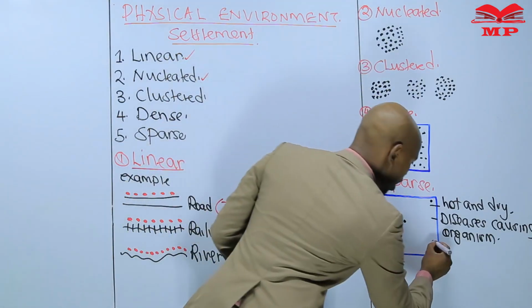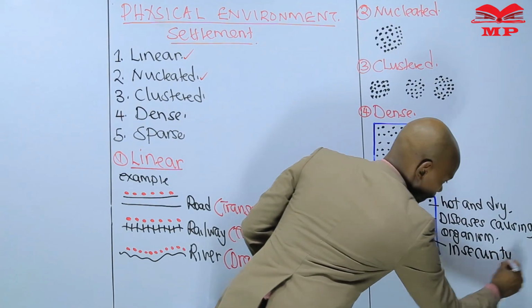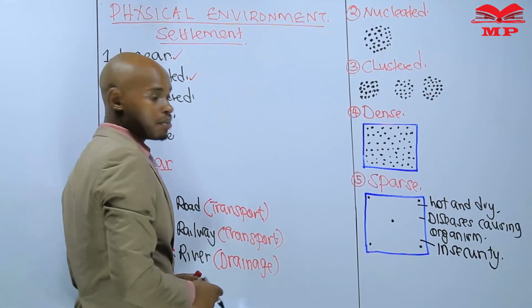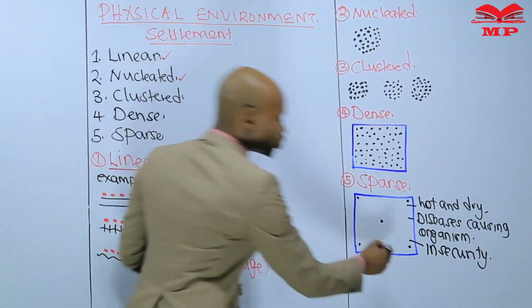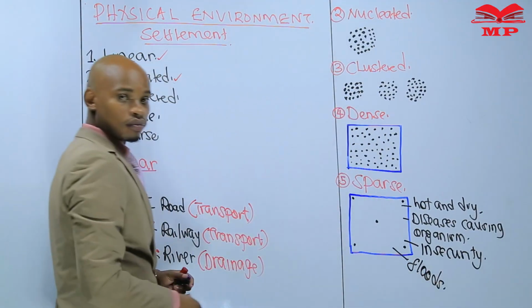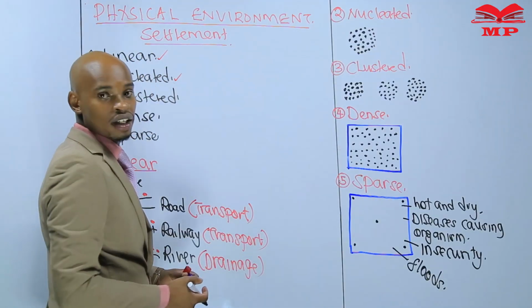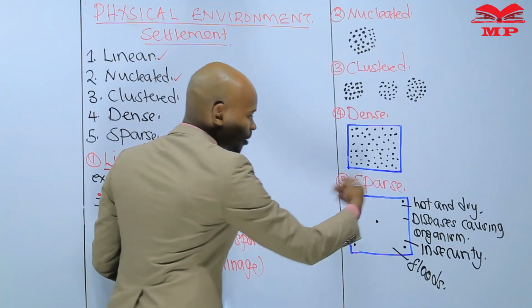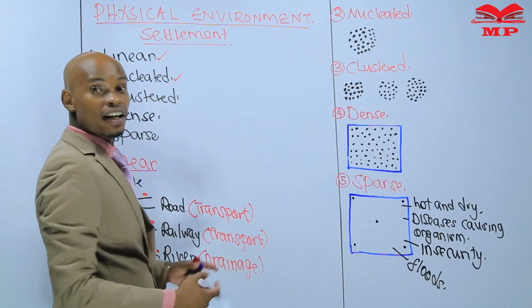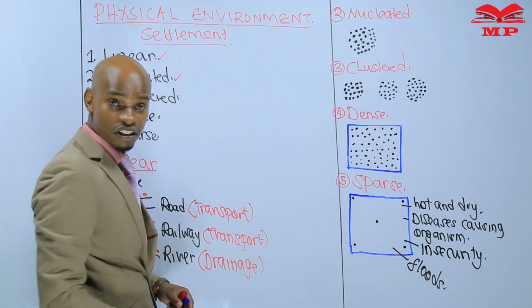Maybe this area has insecurity, like the Al-Shabaab. Maybe this area is prone to floods. Maybe this area does not have fertile soils. These are some of the reasons why some areas are sparsely populated. Another reason that might cause an area to have sparse population is government policy.